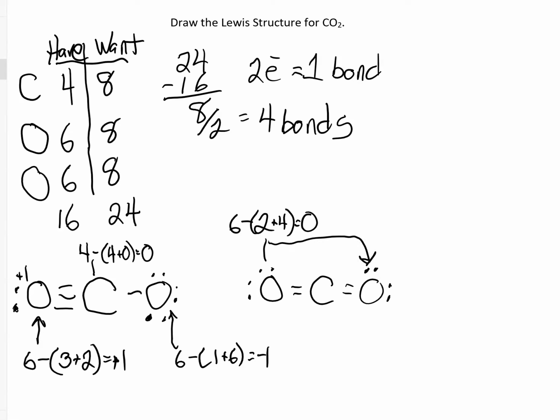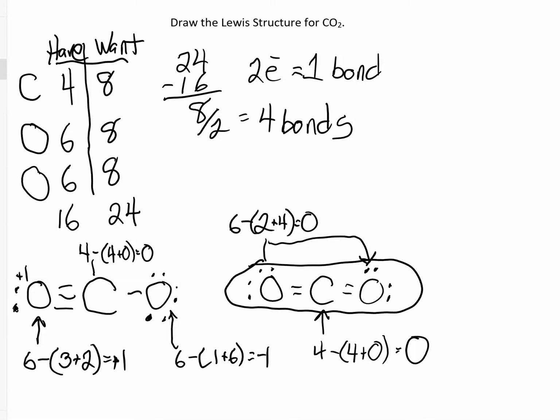So we've got 2 oxygens with no formal charge. Again, going through carbon real quick, we've got 4 valence. It's got 4 bonds, no lone pairs, and no formal charge. So my structure over here on the right is the correct Lewis structure for carbon dioxide because it has the greatest number of atoms with no formal charge.